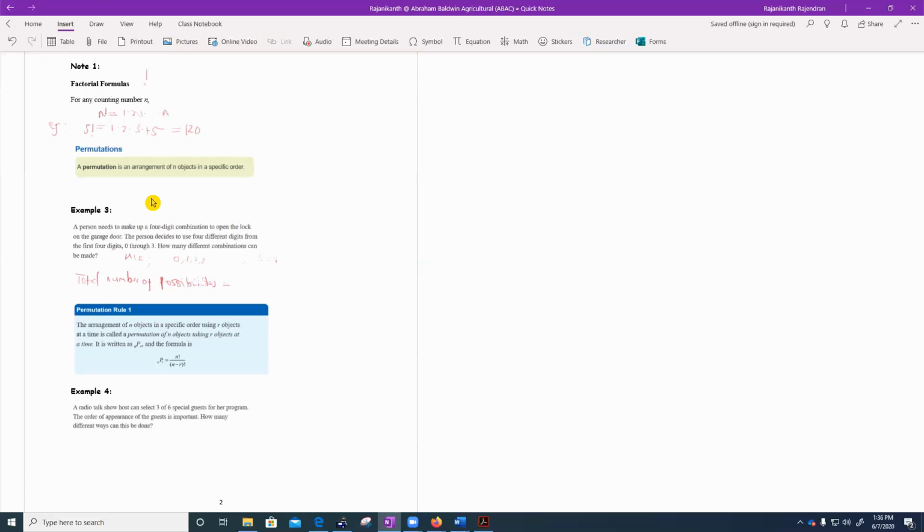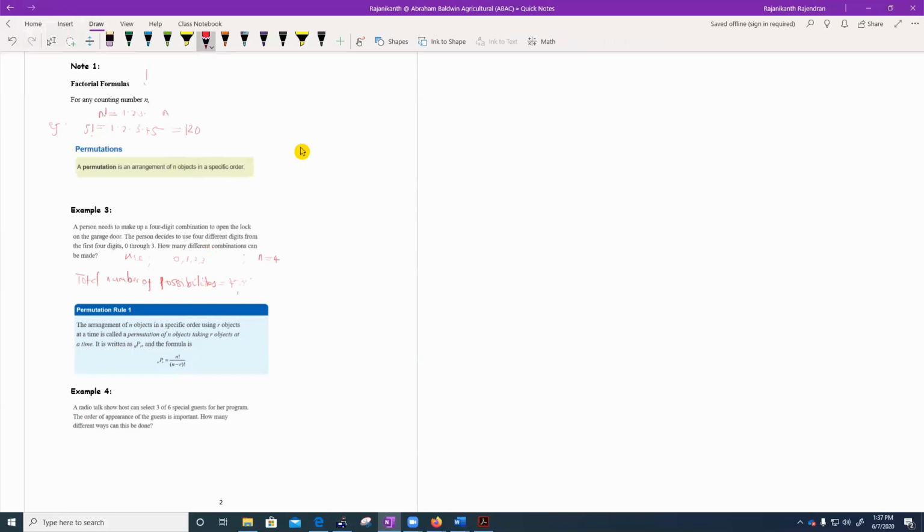Okay. So he has to choose four numbers. Therefore, the number of events here is four events. To choose the first number, he has four possibilities. He is free to choose any of these four. Once he has chosen the first number, now he cannot repeat that, right? All numbers should be different. Now there are three numbers left over. To choose the second number, he has three possibilities. To choose the third number, he has already chosen two numbers.